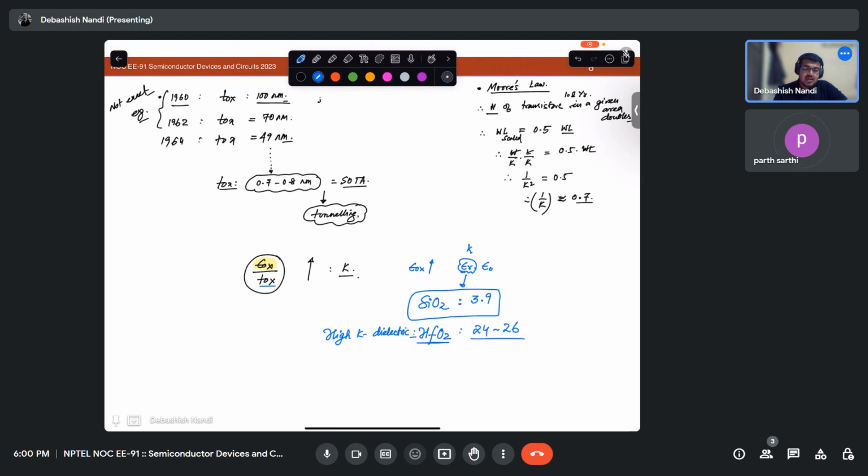So you see, you do not need to scale your TOX down further. You can stop at a point, and whenever you hit the tunneling limit, you can use higher dielectric constant materials, or high K dielectrics. This is one way to accommodate that.